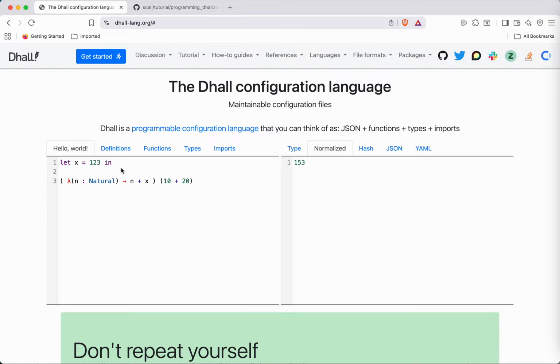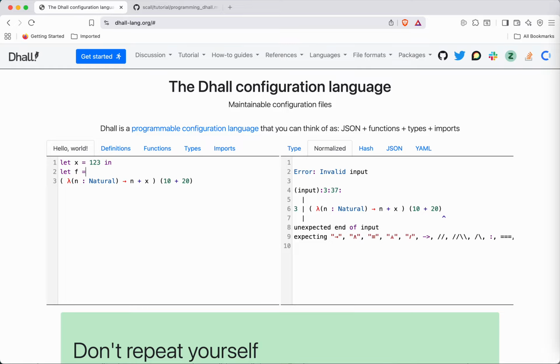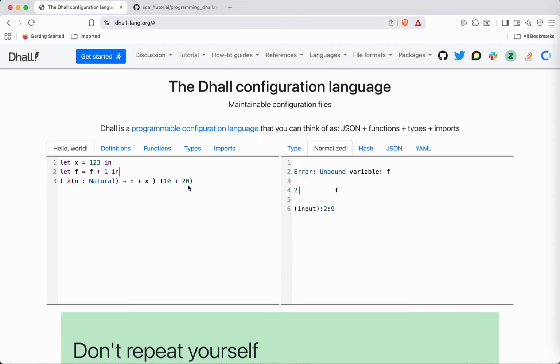Right, so you can introduce what looks like variables, but actually this does not allow you to have recursion, because you cannot say let f equals f plus 1 or something like this. This is not allowed because f cannot be used on the right-hand side of its own definition. The error message is unbound variable f.